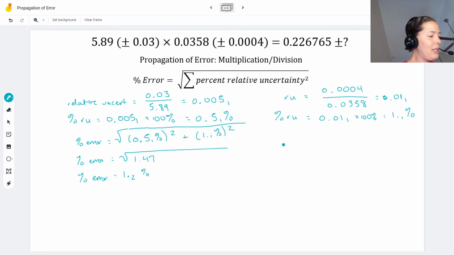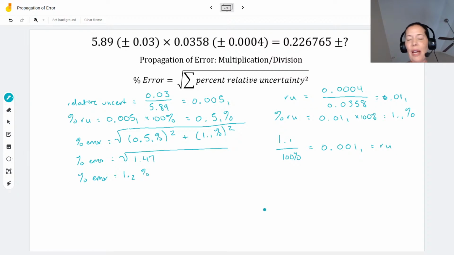So I'm going to take my 1.1, I need to subscript, and divide by 100%, and that will take me back to my relative uncertainty, 0.0011. Okay, so again, this is my relative uncertainty.